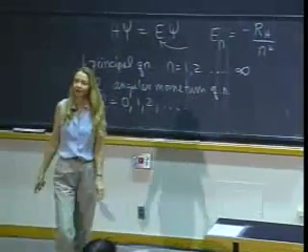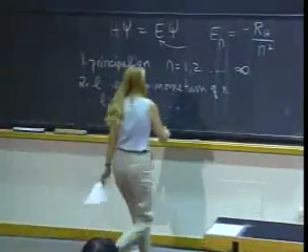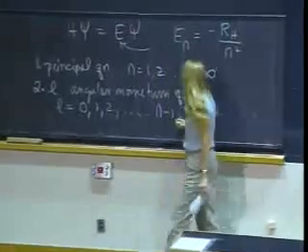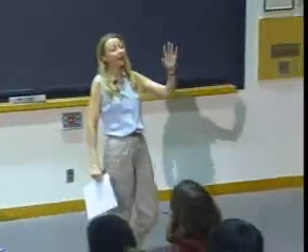But it's got a limit. L's got a limit. The limit is n minus 1. So L can never be larger than n minus 1. It's tied to the principal quantum number. Why is it tied to the principal quantum number?